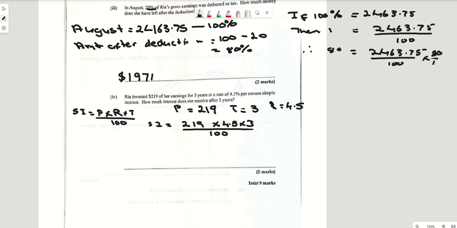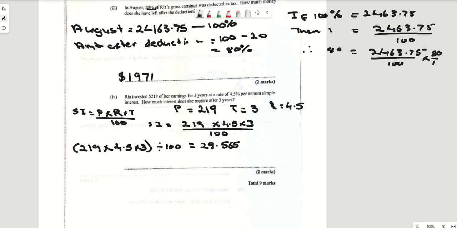I would recommend if you're doing this in your calculator, this is what you're going to put: open bracket 219 multiplied by 4.5 multiplied by 3 close bracket divided by 100. And you are going to get an answer of 29.565. However, in a question like this it is dollars.